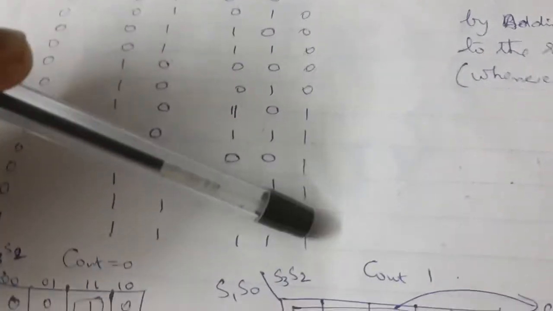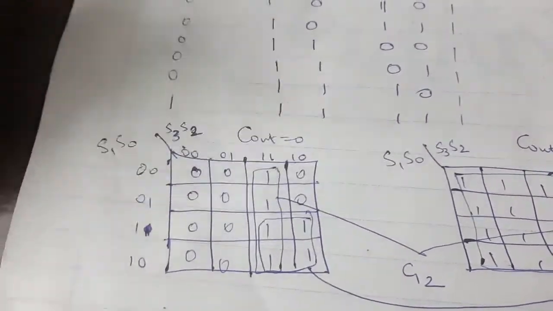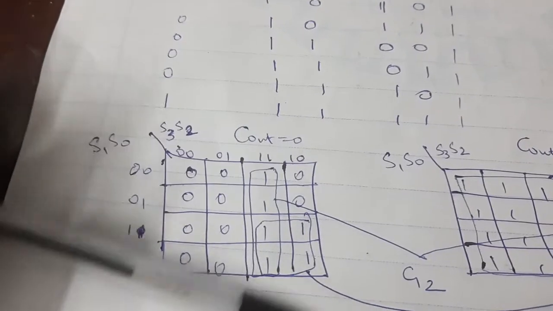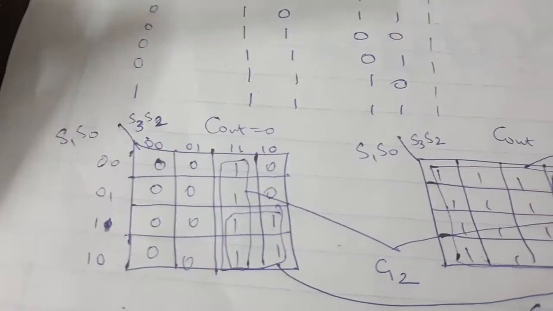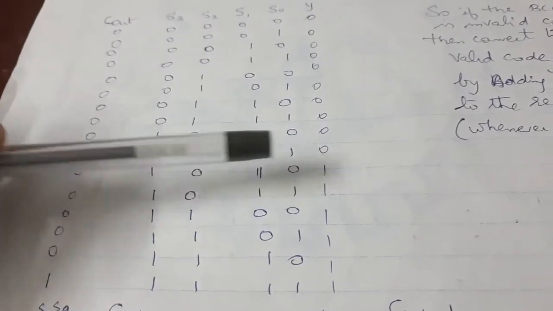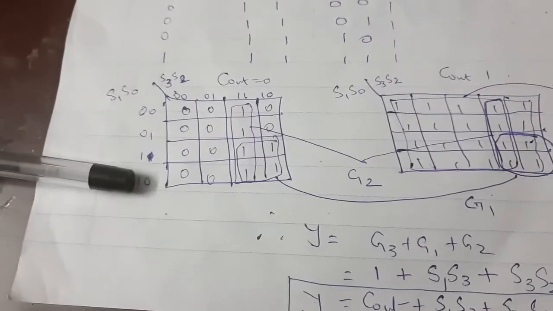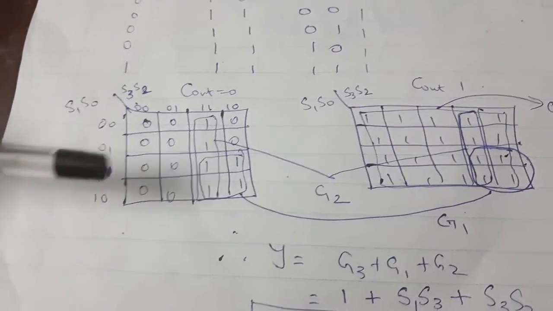So see here, only 6 invalid codes will be there, all others are 0. For these 6 conditions you have marked it. So what are the 6 conditions? You have to identify first S naught and S1 as 1 0, along with S3 and S2 as 1 0. See here, 1 0, therefore the output is 1.